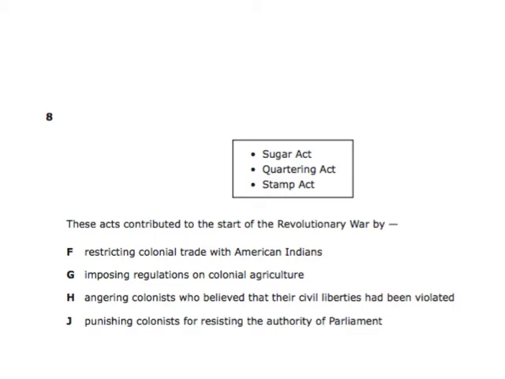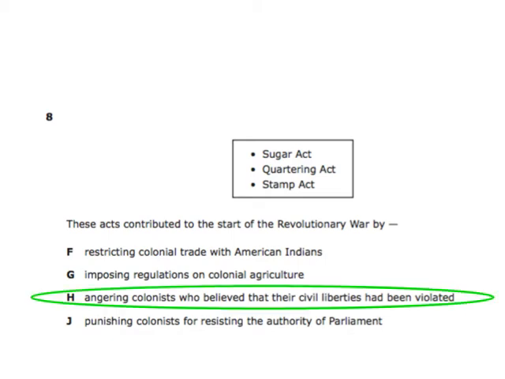So Sugar Act, Quartering Act, Stamp Act, these acts contributed to the start of the Revolutionary War by angering colonists who believed that their civil liberties had been violated.